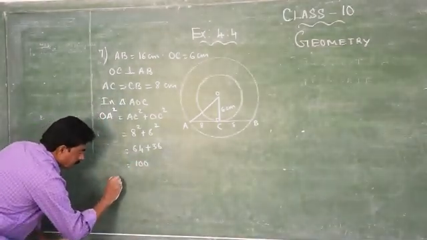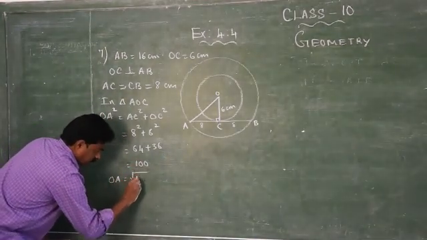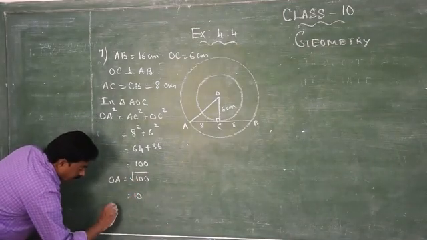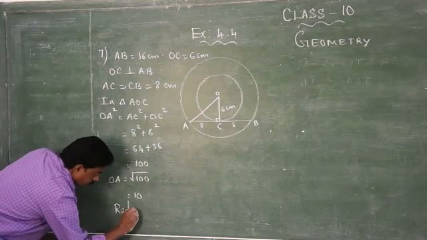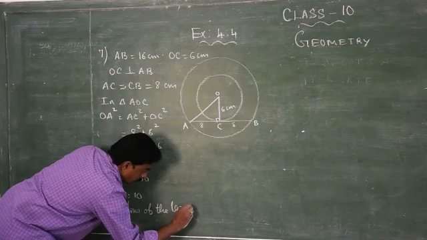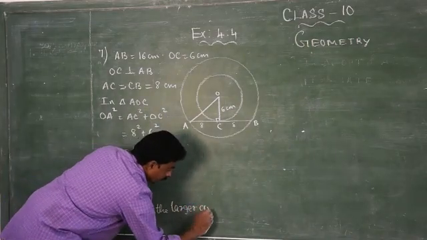So OA is root of 100, that is 10. Therefore, radius of the largest circle is 10 centimeter.